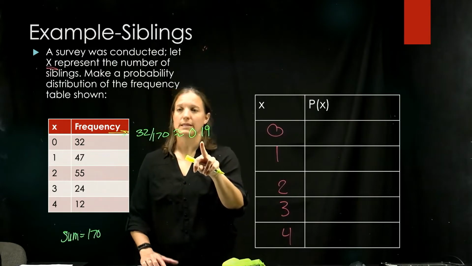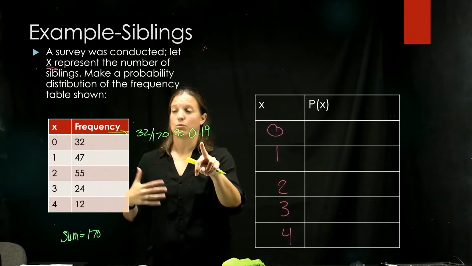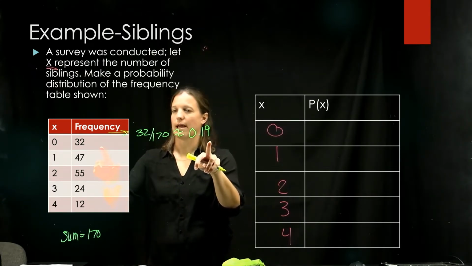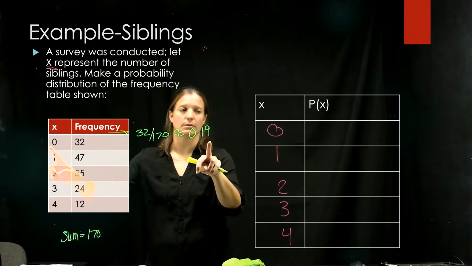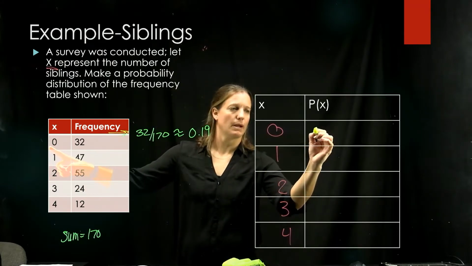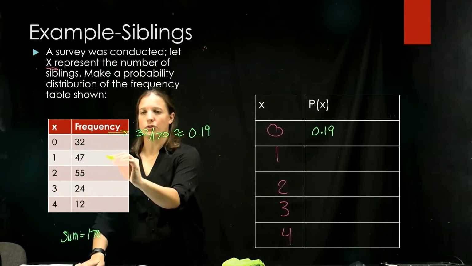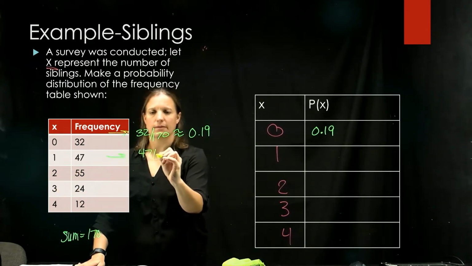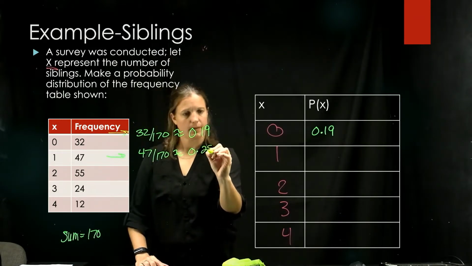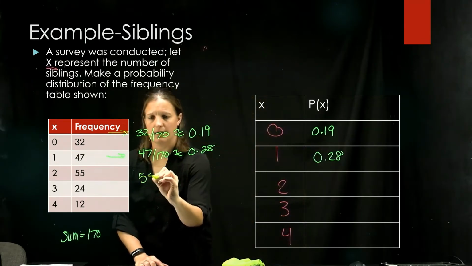What that tells me is that for this particular survey, if I were to randomly select one person's response, there's about a 0.19 chance that response would be somebody who answered they have 0 siblings. So this relative frequency is the exact same as my probability value. Then I'm going to do that for each of these. So I would take my 47 divided by 170, and continue all the way down the list.